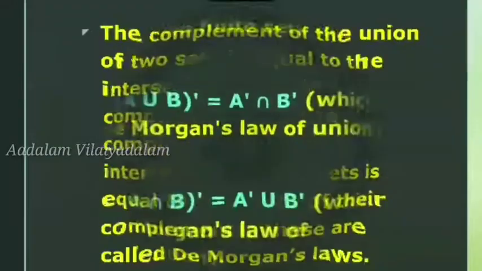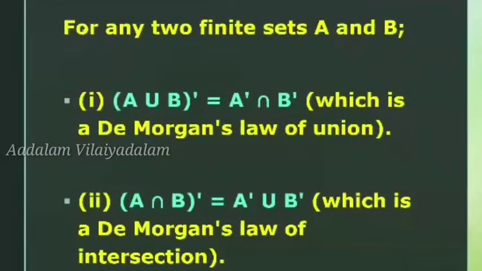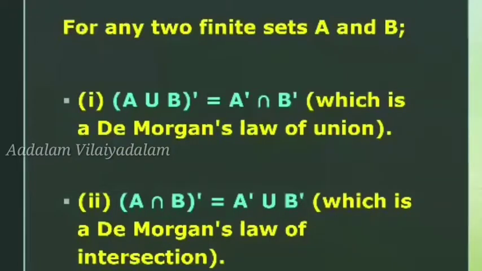In formula method, we shall see for any two finite sets A and B, that (A union B) dash equals A dash intersection B dash, or in other words, complement of A union B equals complement of A intersection complement of B, which is De Morgan's law of union.